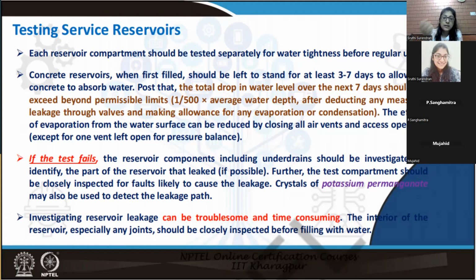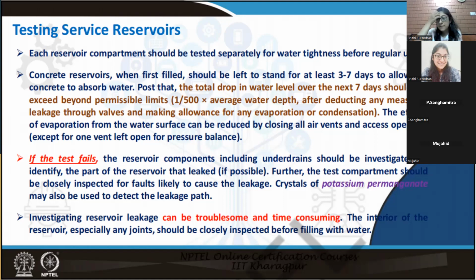If it goes beyond that, the test is failing, and that concrete reservoir is not fit for storing water. Water tightness is not there. So remedial measures have to be taken, maybe lining it or giving an extra coating, so that the water level doesn't drop because of leakage beyond this value. Otherwise, because of this reduction in water level, the demand cannot be met at some point.